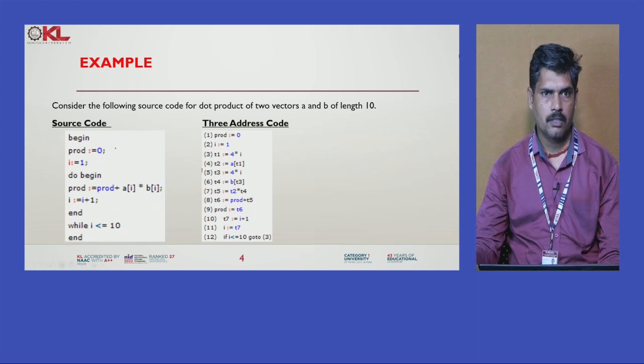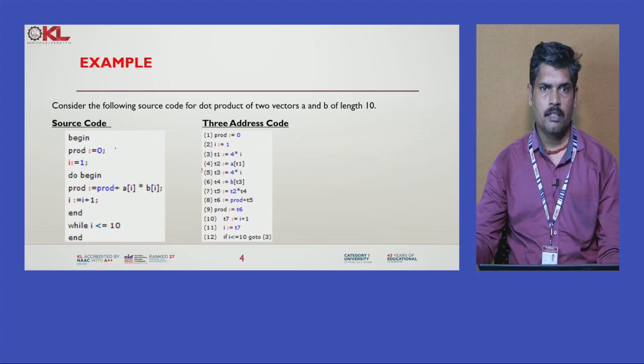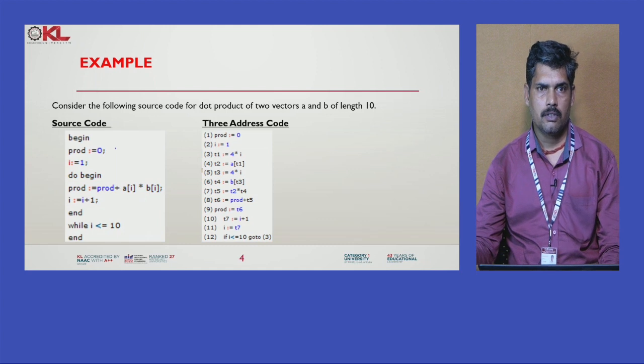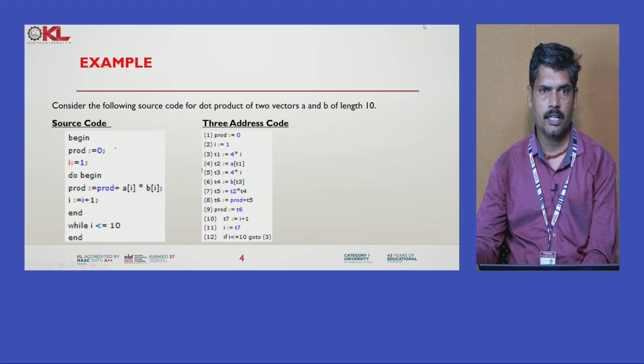Coming to the conversion from source code to 3 address code. Prod equals 0, I equals 1, T1 equals 4 into I, T2 equals A of T1.